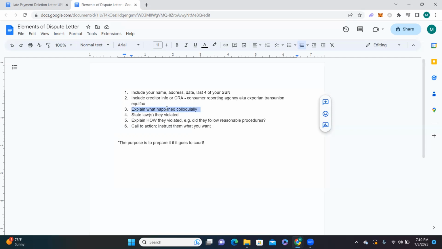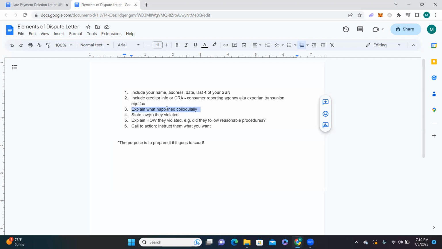If you're new as far as disputing, you should understand that there's something called the Fair Credit Reporting Act, and the code is 15 USC 1681. It was basically designed for us as consumers to have fair and accurate credit reporting. But part of it too is that we have a right to privacy.